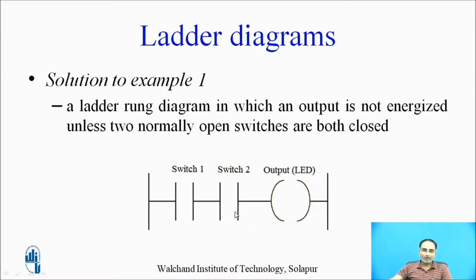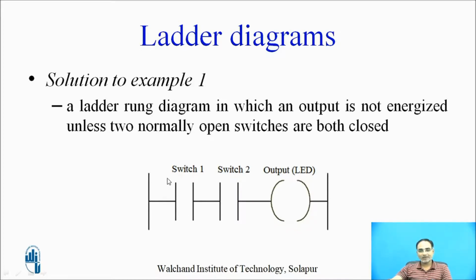Suppose switch 2 is independently energized, assuming that switch 1 is normally open. If you close switch 2, still there is no connection between these two power rails, so in this case also the LED will be in off state.